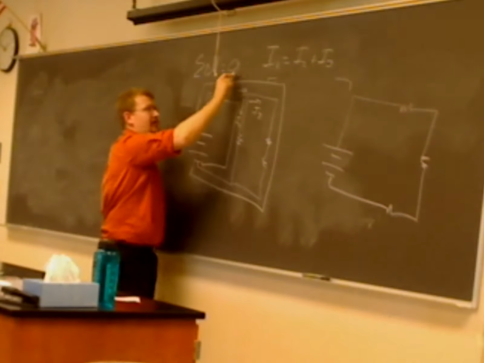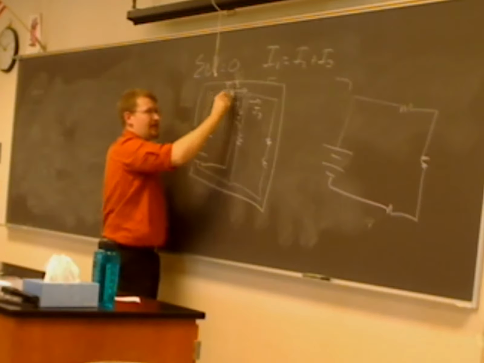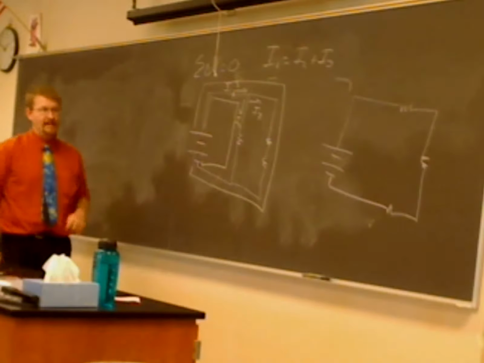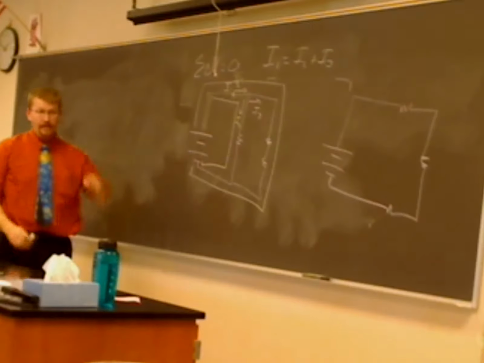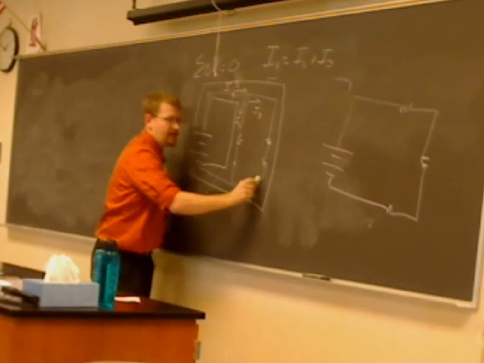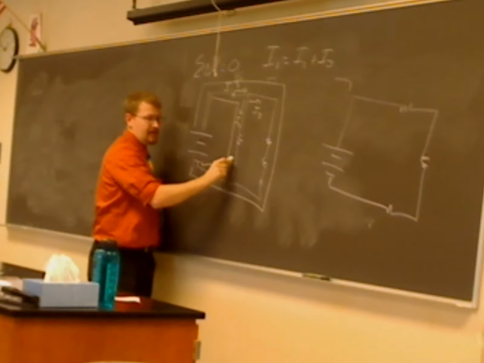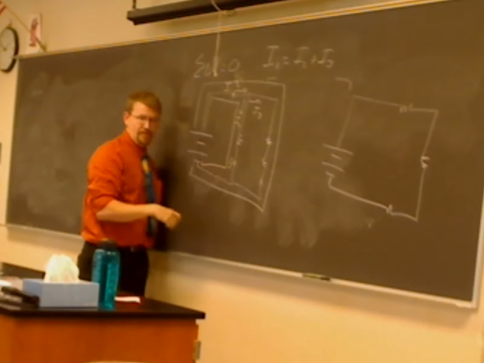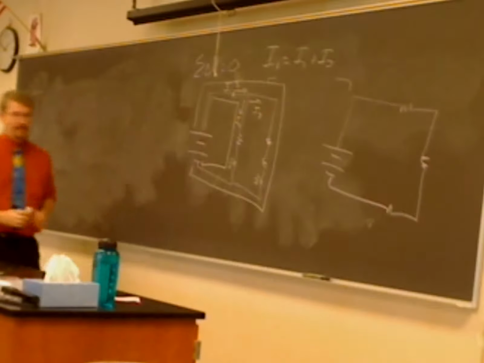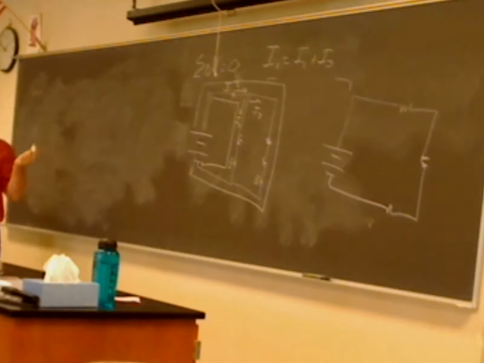If I was looking right here and I saw 3 coulombs passing me every second, and they were going to go down to some junction where they split, if I started counting here and here, I better see, in some fashion, like 2 coulombs per second here and 1 coulomb per second there, or some other combination of those. Otherwise, I somehow lost a charge somewhere in my circuit, and that's not going to happen. You can't lose a charge somewhere magically in your circuit.